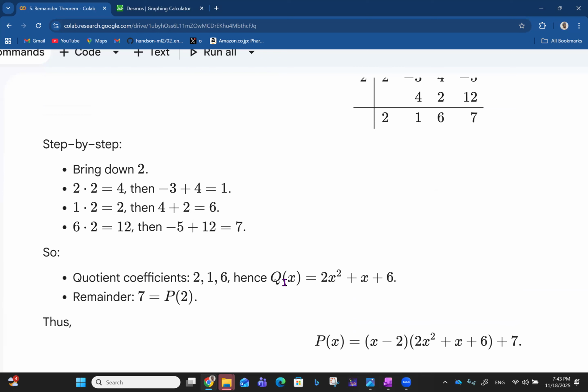You start from the back: 6 times x to the power 0, then 1 times x to the power 1, 2 times x to the power 2. That's why Q of x is 2x squared plus x plus 6, and the remainder is 7, which is P of 2. Thus, P of x is x minus 2 times 2x squared plus x plus 6, plus 7.